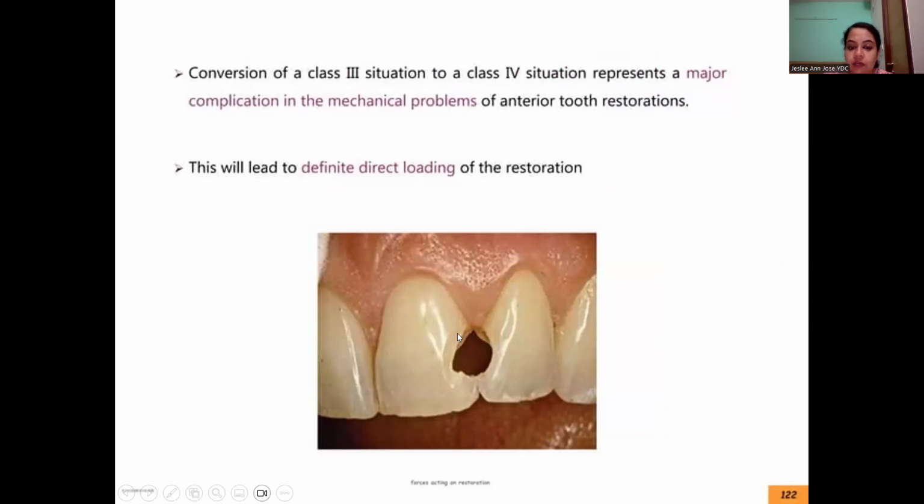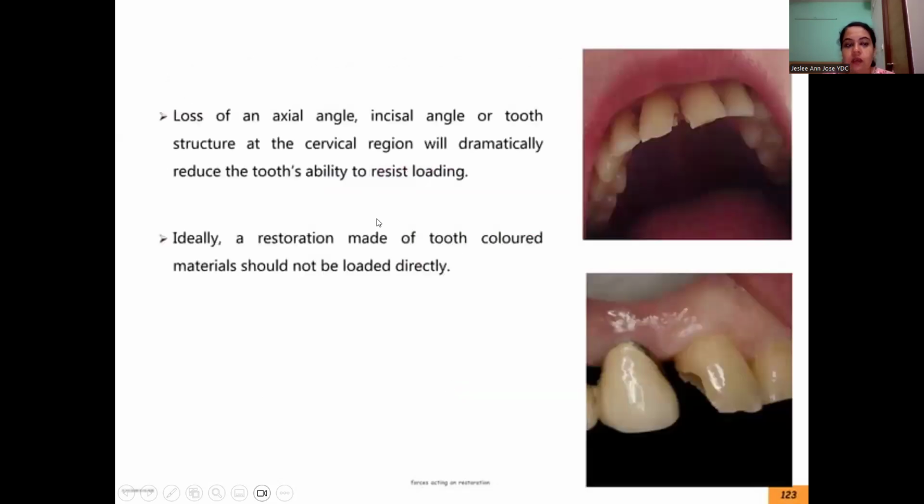But whenever you convert the class 3 to a class 4 restoration, there is direct loading of the restoration. So loss of an axial angle, incisal angle, or tooth structure at the cervical region can dramatically reduce the tooth's ability to resist the loading. Ideally, a restoration made of the tooth-colored material should not be loaded directly.